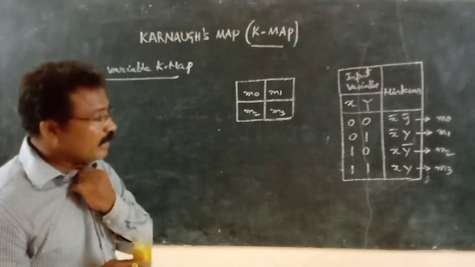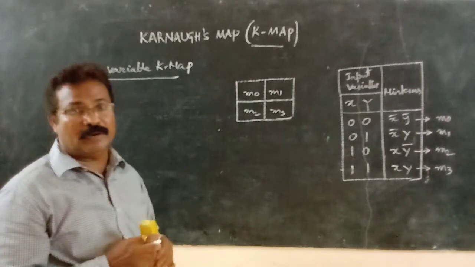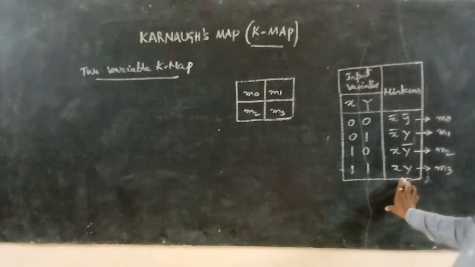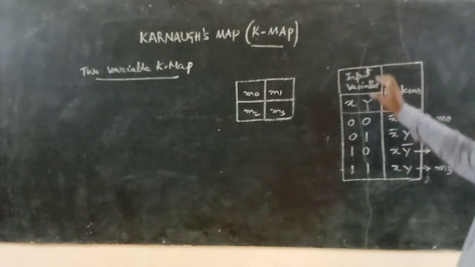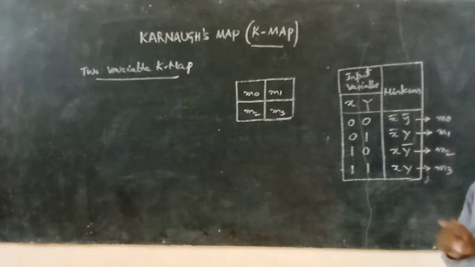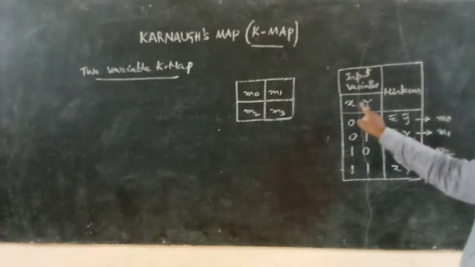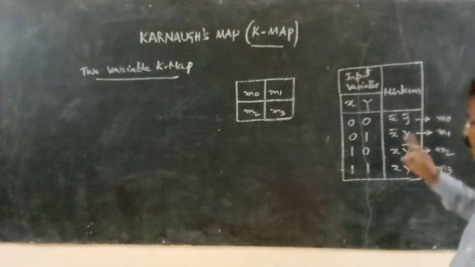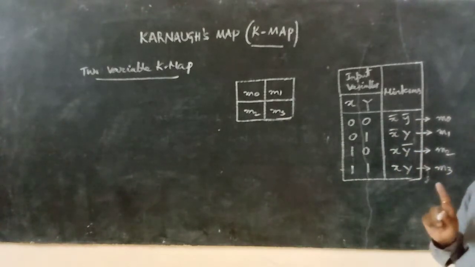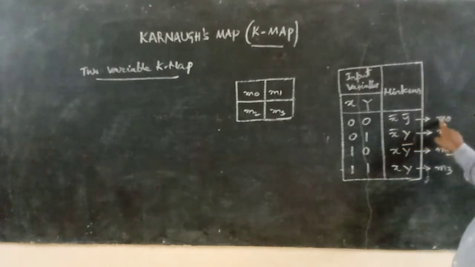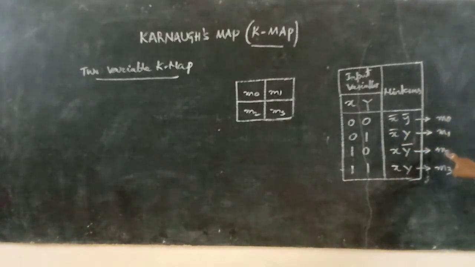Let us take one example for this 2 variable K-map. So here this is the truth table of 2 variables. Let the input variables be x, y. By using the 2 variables, the possible min-terms are 4: first min-term M0, second min-term M1, third min-term M2, fourth min-term M3.